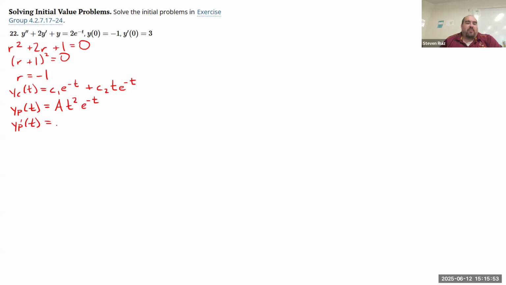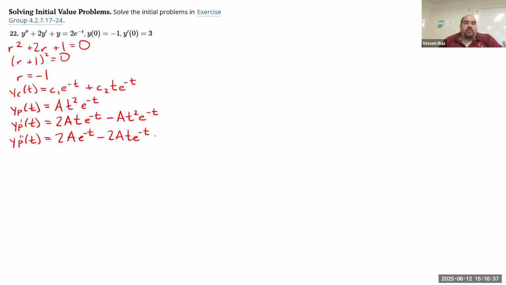So that's going to involve the product rule. 2at e to the negative t minus at squared e to the negative t. Okay, do that again. Two a e to the negative t minus 2at e to the negative t.